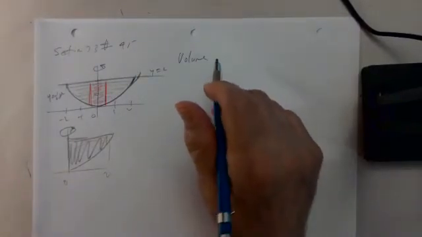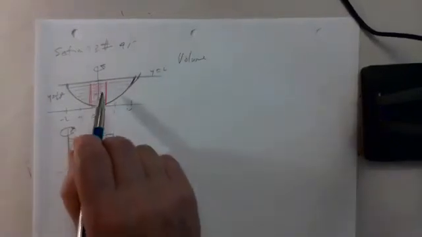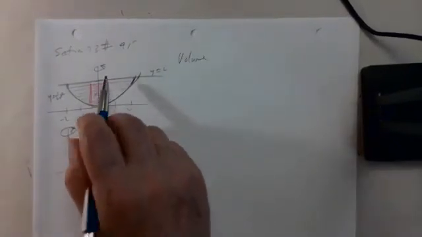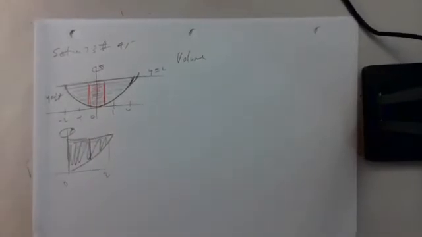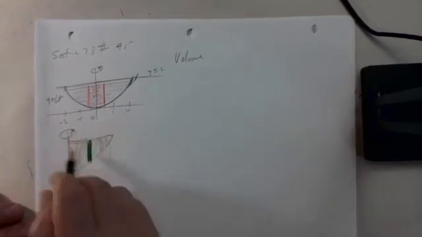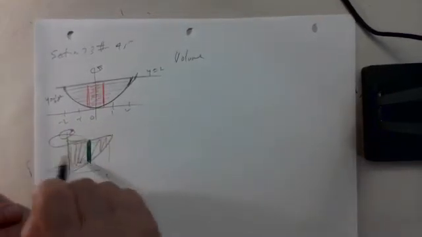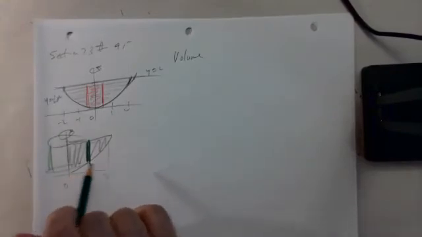If we're going to use the shell method, we're going to take the shell swept out by a piece like this, sweep it around, and that sweeps out a shell.